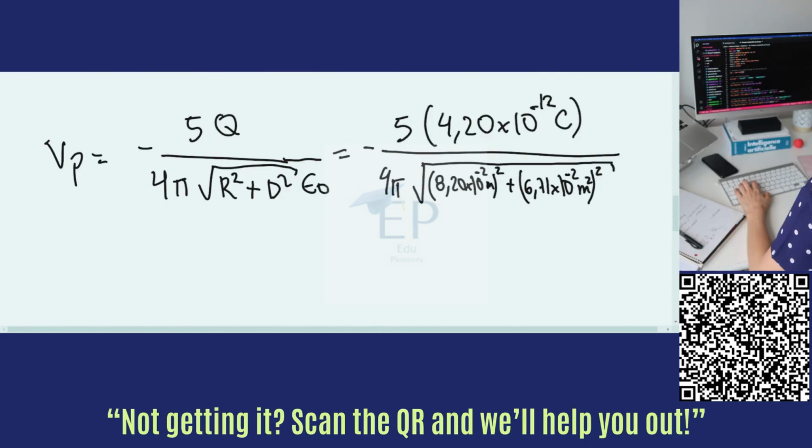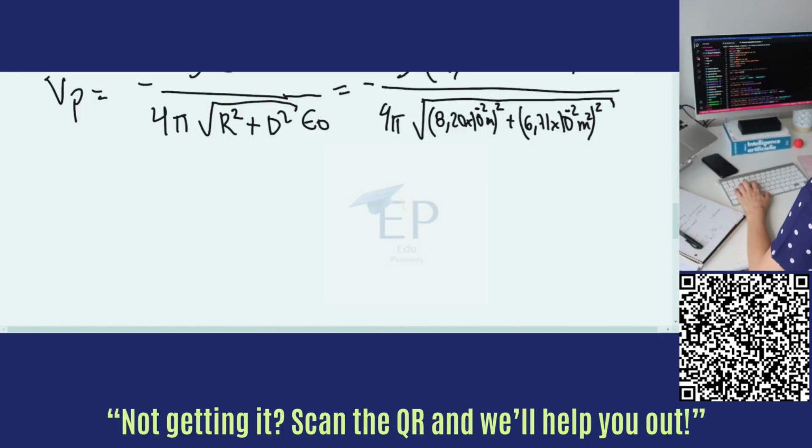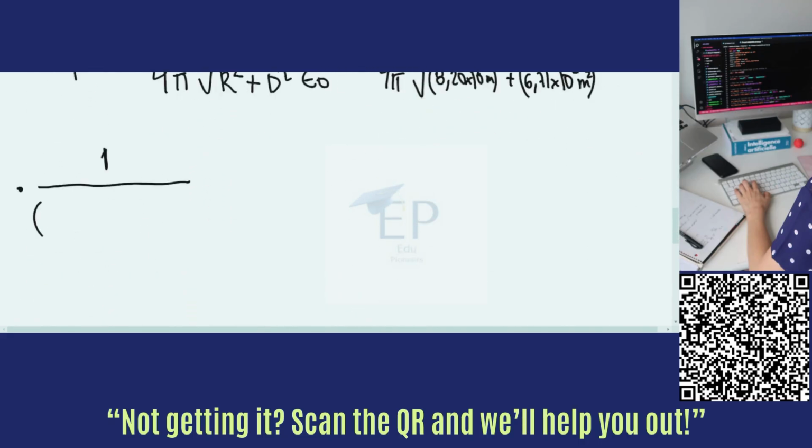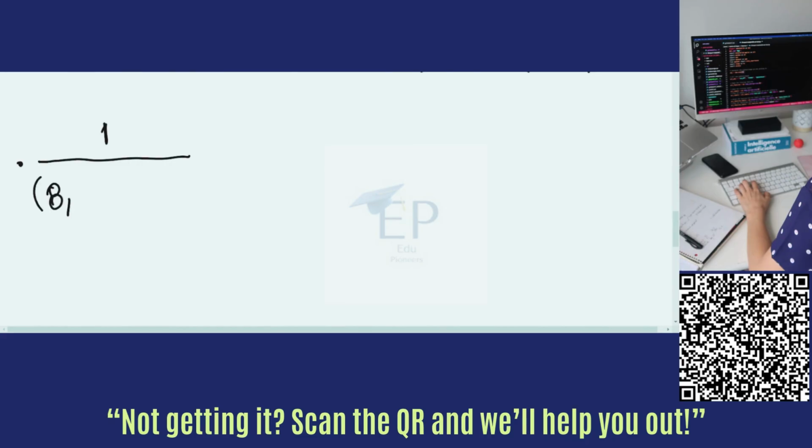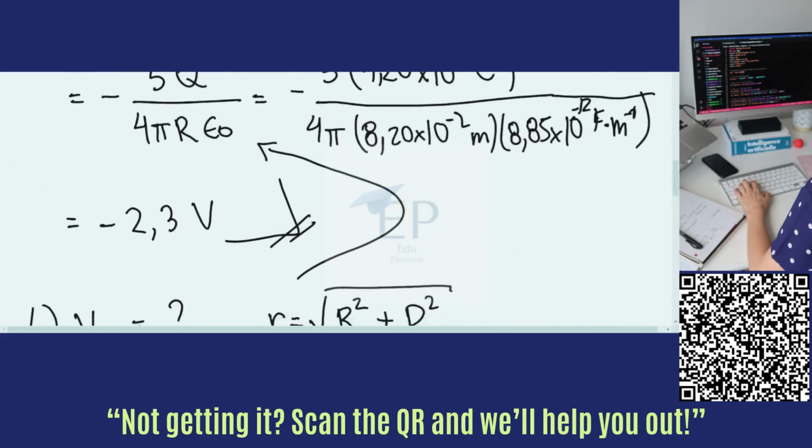And also the value of epsilon sub 0. I'm going to put it right in here. It is in the denominator, so we will just multiply this by this, and that is 8.85 times 10 to the minus 12.